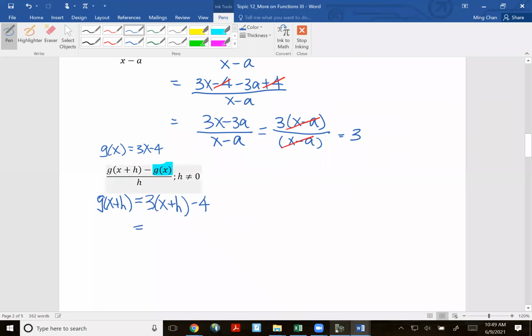All right, I'm going to simplify this real quick. That gave me 3x plus 3h minus 4. So whenever you see g of x plus h, I will put that in.